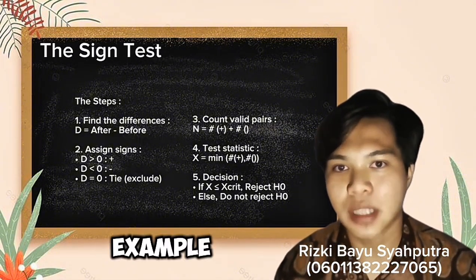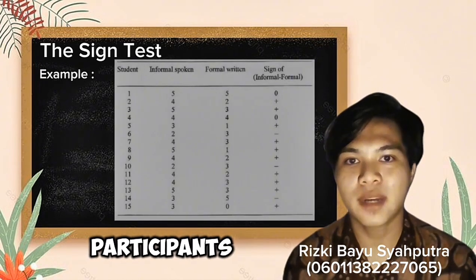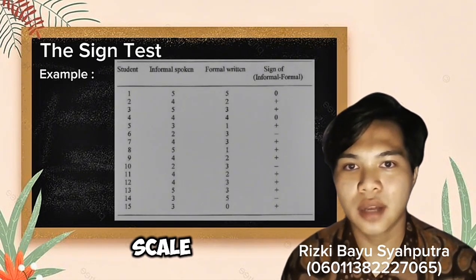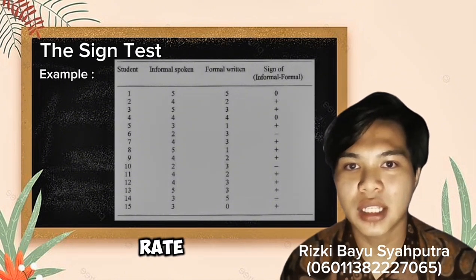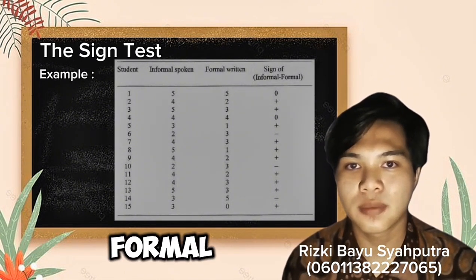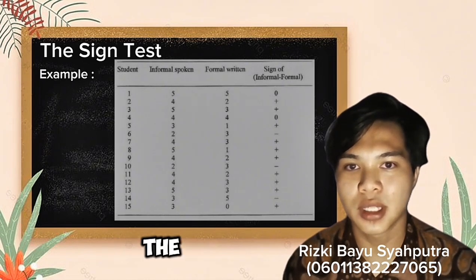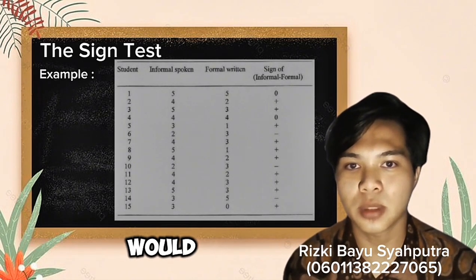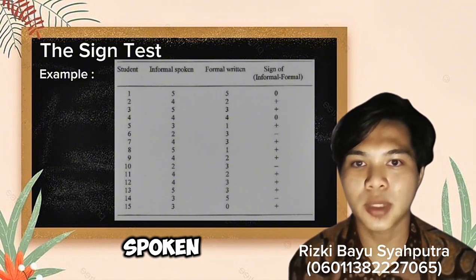If x is smaller than or equal to the critical value, we reject the null hypothesis. Let's look at an example. A group of participants were asked to rate a sentence on a scale from 0 to 5. They read it in both formal spoken English and formal written English. The researcher predicted that the sentence would be rated as more acceptable in formal spoken English.